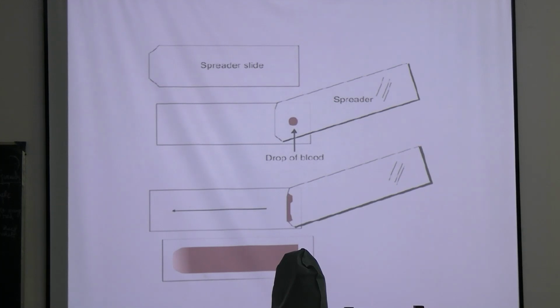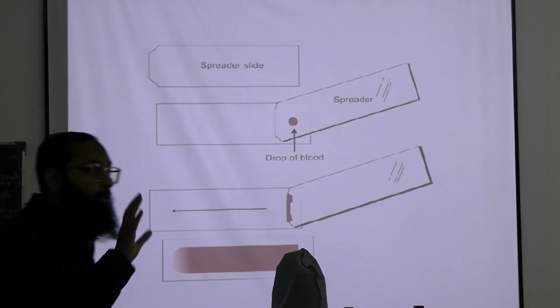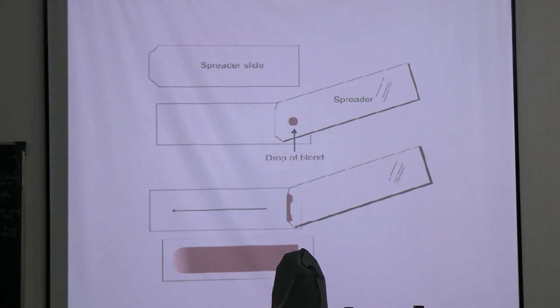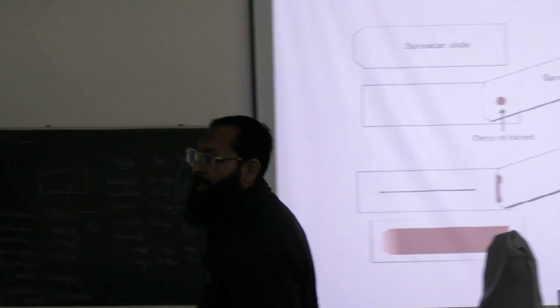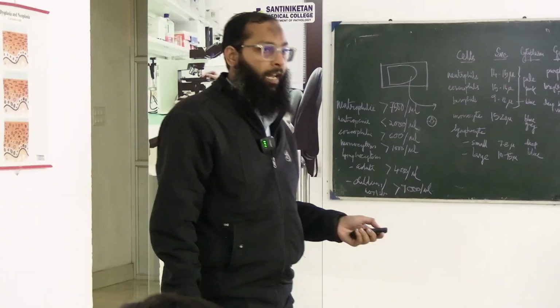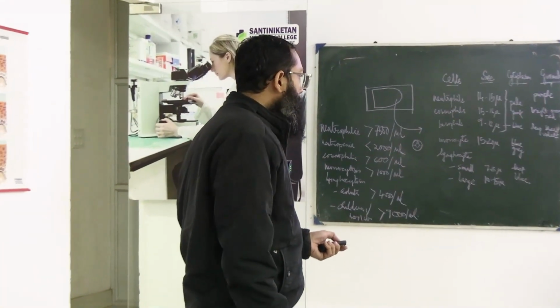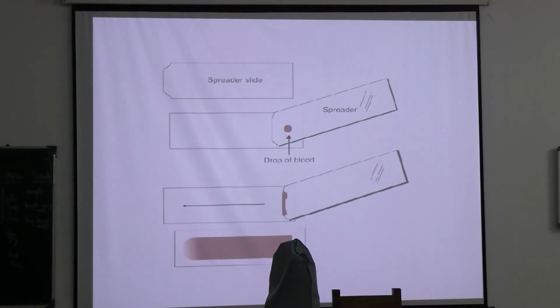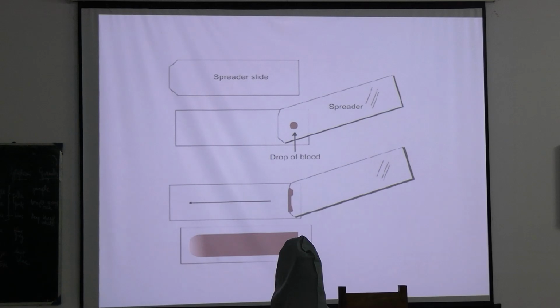What is the thing which we generally observe on the edge, for which this kind of spreader is used? Malaria parasite. The malaria parasite is generally seen on the edges. So if we are going to look for malaria parasite in a patient, we have to look at the edges.